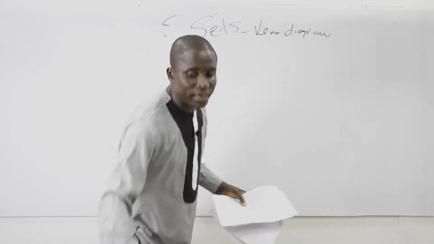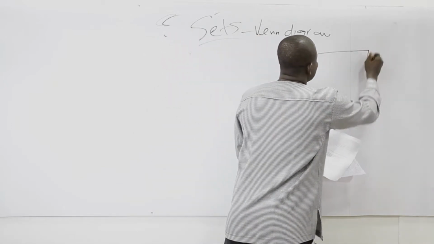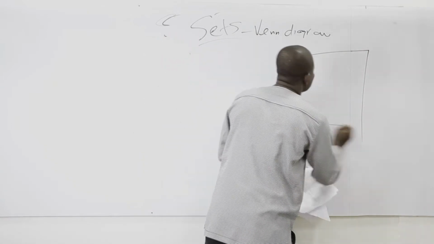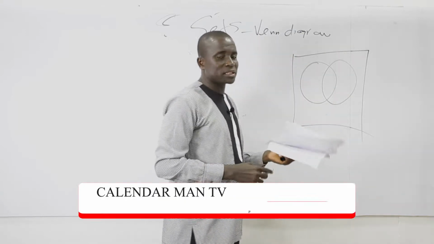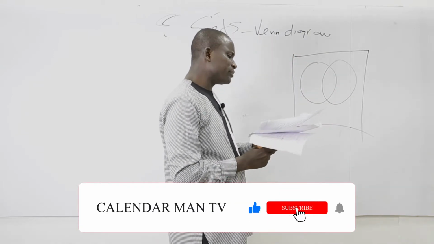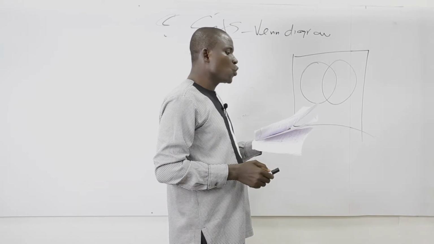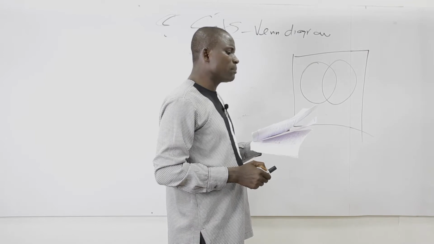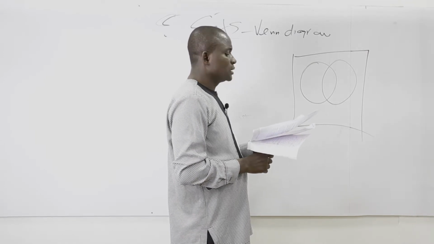Without wasting time, I believe we've already established the drawing of the Venn diagram, so I'm drawing it. Once we get the concept, some of the problems we shall speed up a little. This is your Venn diagram. He says the number of students who study mathematics is 4 times the number who study both subjects.